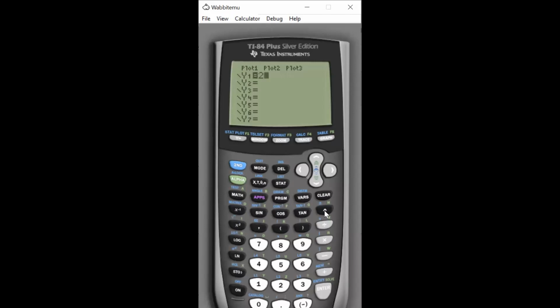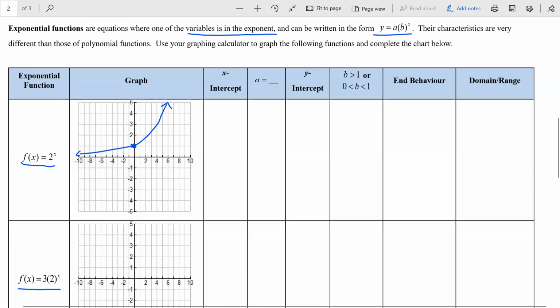So if I go to graph 2 to the exponent x, and I hit enter and graph, it certainly looks like my graph is hitting the x-axis, isn't it? But what I need you to know here is that it's really not, that it's getting incredibly close to that x-axis, but it's actually not touching it. Okay, there's an imaginary line here called a horizontal asymptote that we will never cross in 30-2.